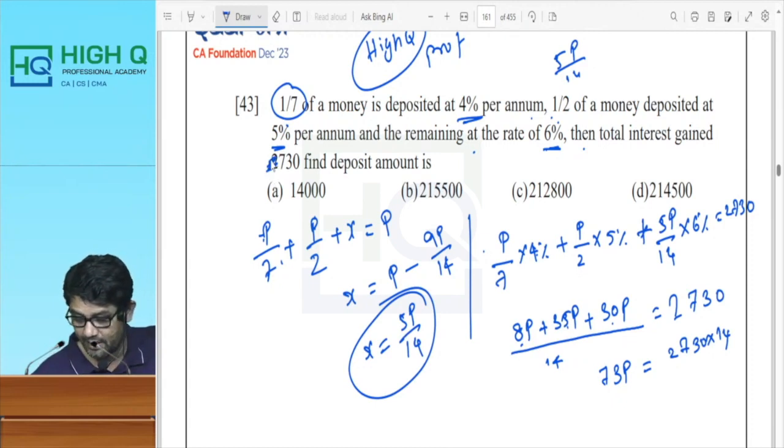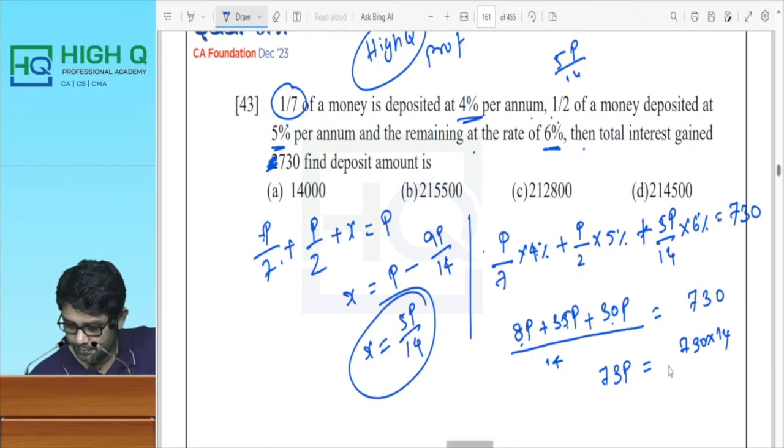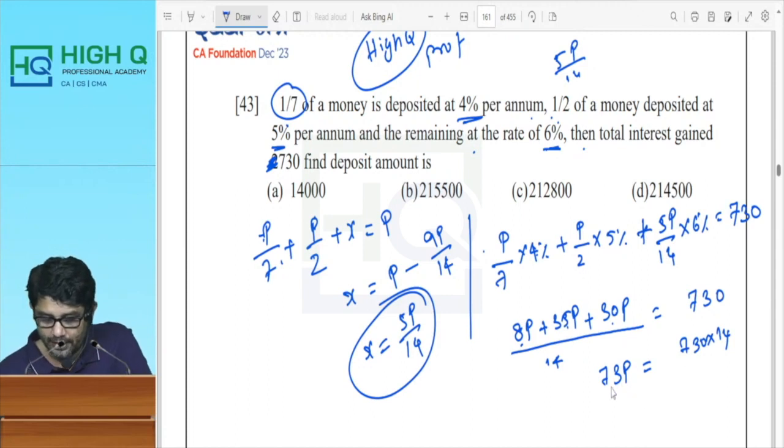It is 730. Printing mistake. Sorry. Correct. 730 is the right answer. Now look at this. Now check it, my dear. So these two get cancelled.